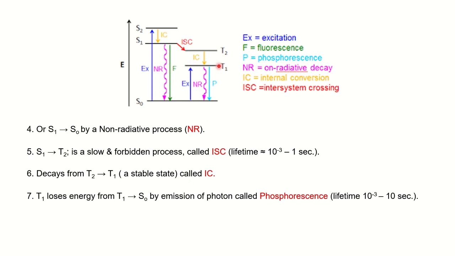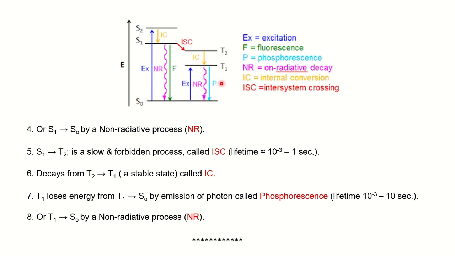Once it reaches T1, since the lifetime is more, you can watch here 10 to the power minus 3 to 10 second. The transition may occur from T1 to S0 either by emitting radiation, called phosphorescence, or by a non-radiative process where you won't see any radiation emitted.